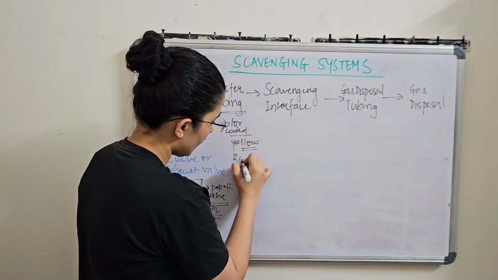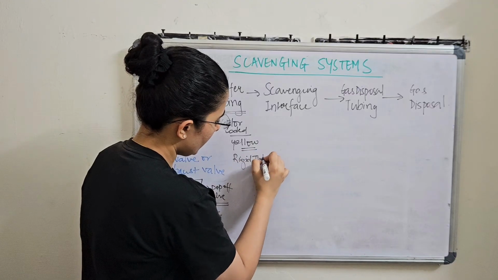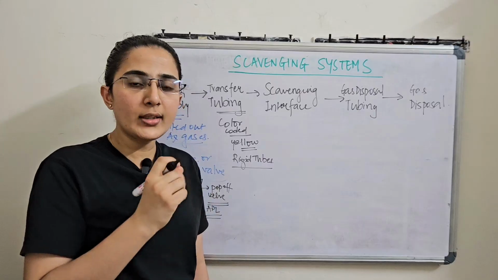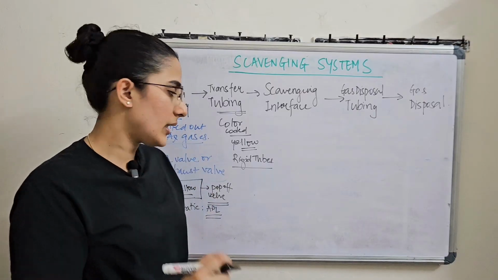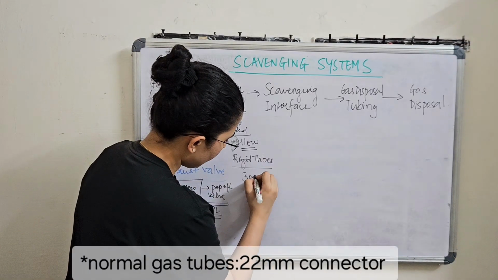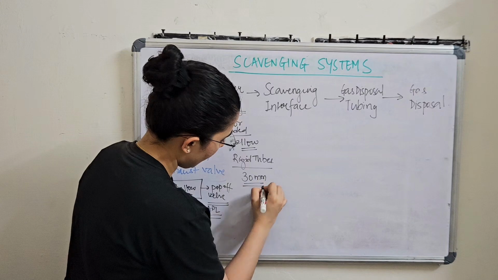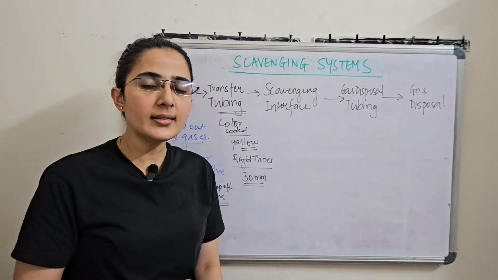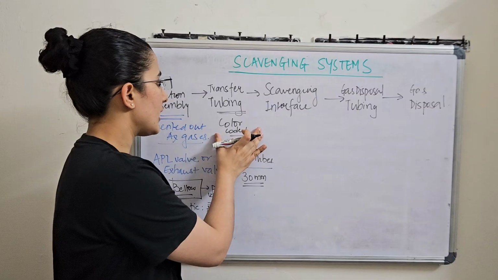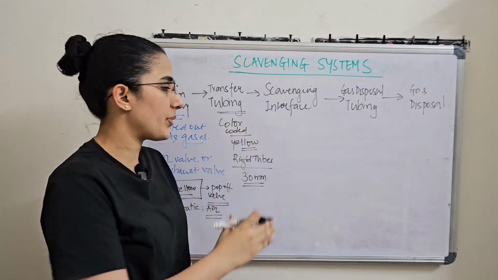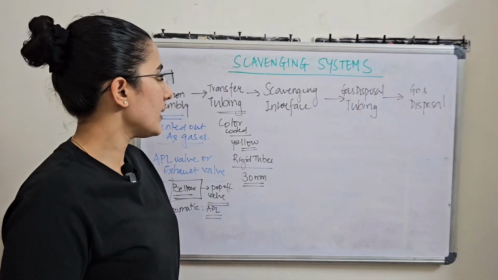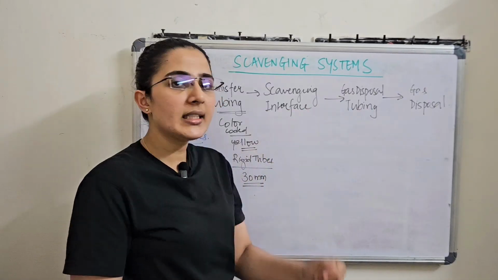They will be rigid tubes in order to sustain the pressure, and in contrast to our normal tubings which have 20 mm connectors, our scavenging system has a 33 mm connector. So these are the differentiating features which will help us to differentiate these scavenging tubes from the rest of the anesthetic gas tubes.